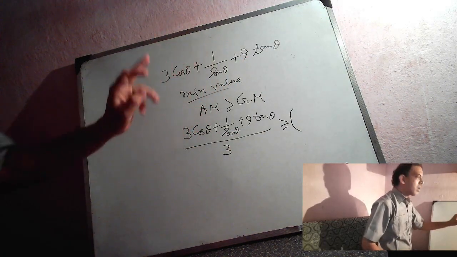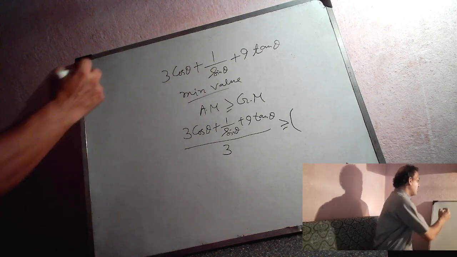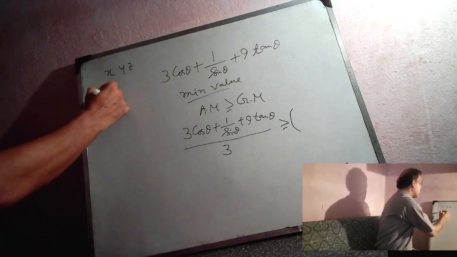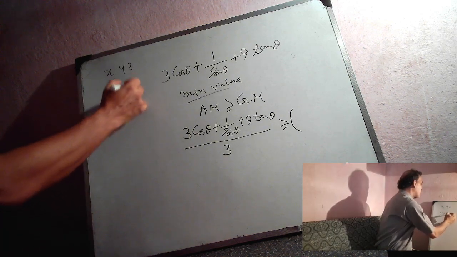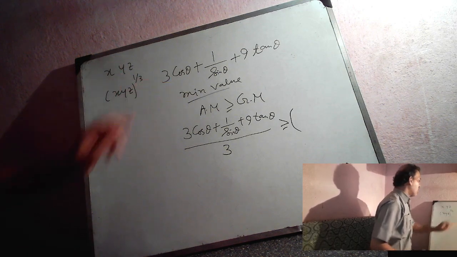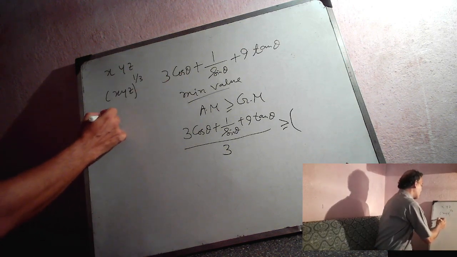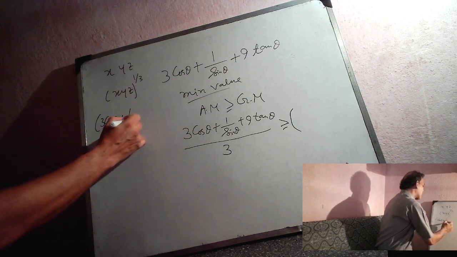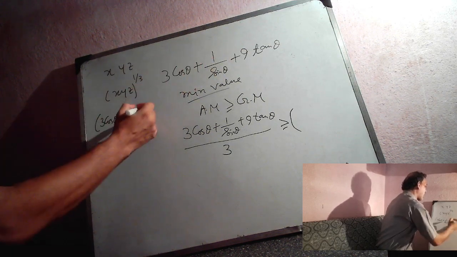Take first the product of the 3 numbers. Let the 3 numbers be x, y, z. Their GM will be (xyz) power 1 by 3. Now x means 3 cos theta, y means 1 upon sin theta, z means 9 tan theta.